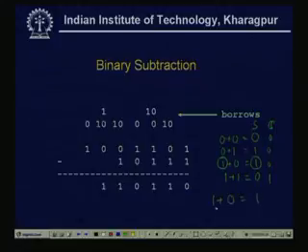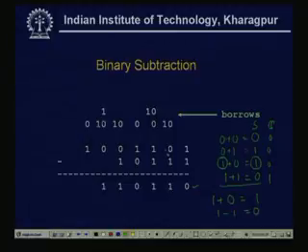So if I subtract this thing, 1 minus 1 equal to 0. The same thing I have done, 1 minus 1 equal to 0. Now 0 minus 1, what do we mean by 0 minus 1? That means I have to take this one. So 0 minus 1, that will be 1. The same thing I have done, 0 minus 1 is 1.